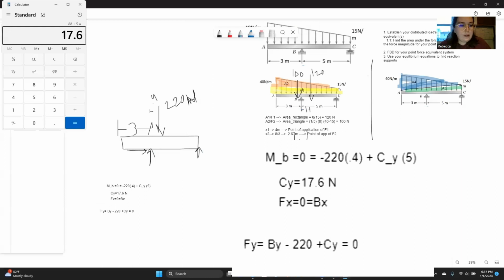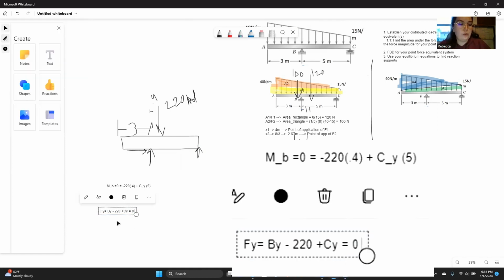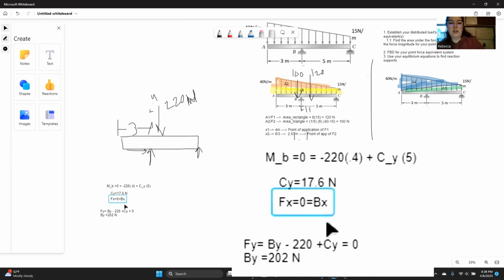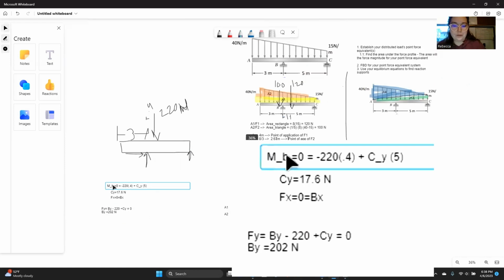Well, we have Cy is 17.6. So we have 220 minus 17.6 is equal to 202. So By should be around 202 newtons. So our reaction forces would be Cy, Bx, and By.